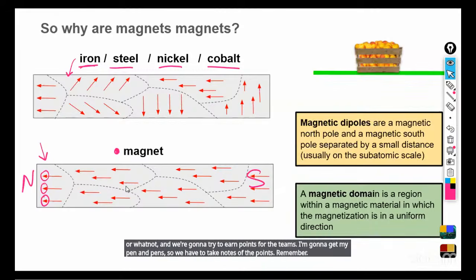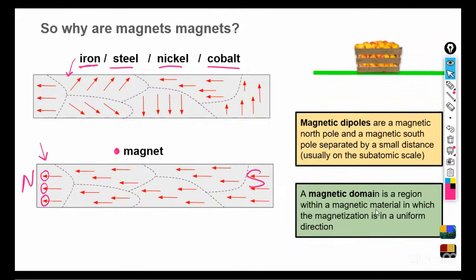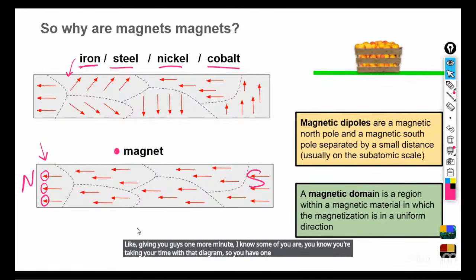Remember, the blue team is in the lead as usual. My mission in life is to bring down the blue team. That's my mission. I'm giving you guys one more minute. I know some of you are taking your time with that diagram. So you have one minute. Going to move on.